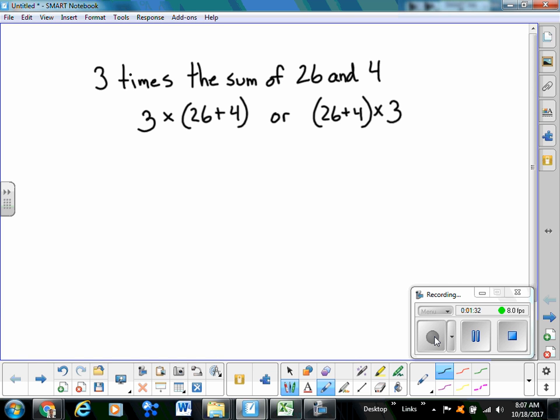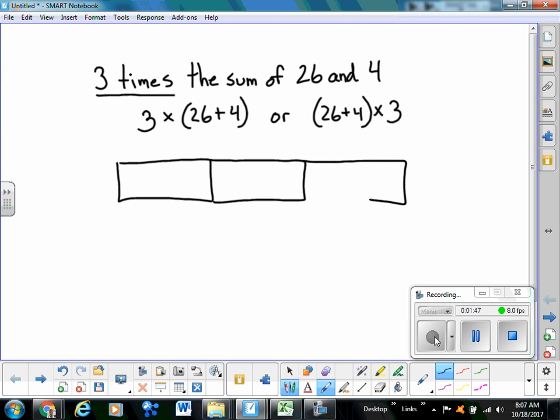The other way that we could do this is with a picture. 3 times, so we're going to have 3 boxes. There's our tape diagram. Each box stands for 1 time, 2 times, 3 times.